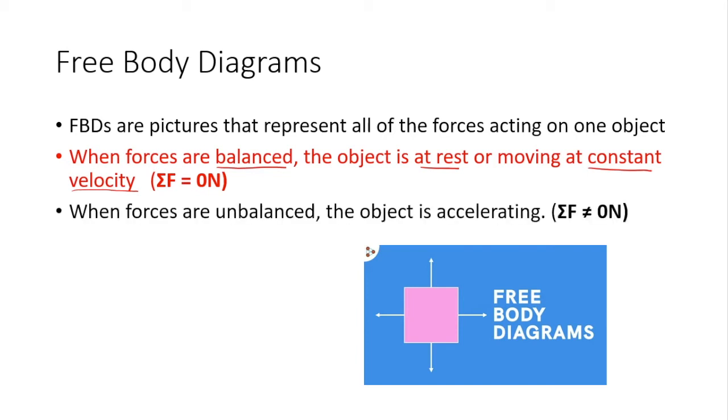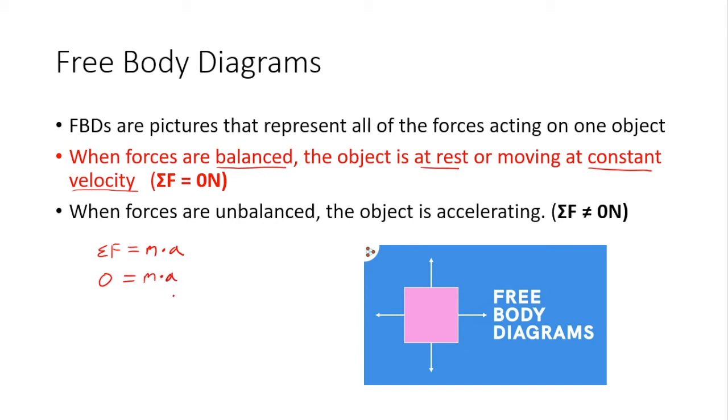On the flip side, when forces are unbalanced, the object is accelerating. And an unbalanced force would just mean that we have some net force value. So the net force is not equal to 0. If we're thinking about our equation from the past slide, we know that net force is equal to mass times acceleration. If our net force is 0, that means that 0 equals mass times acceleration.